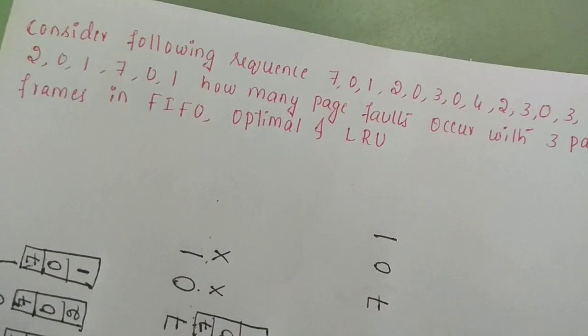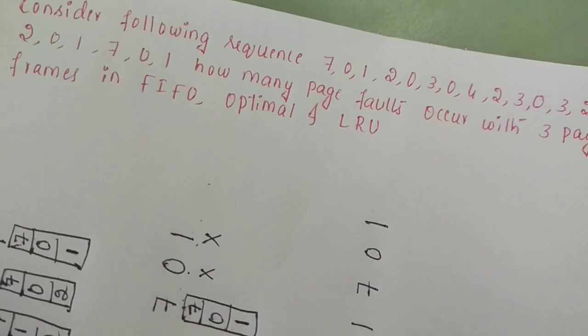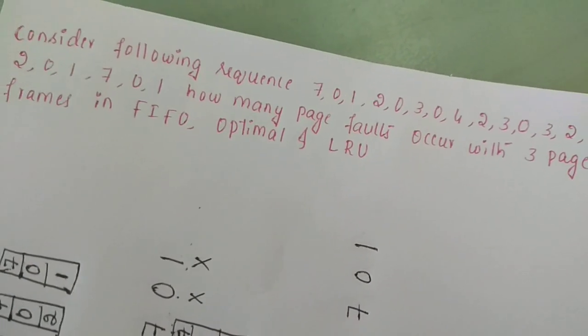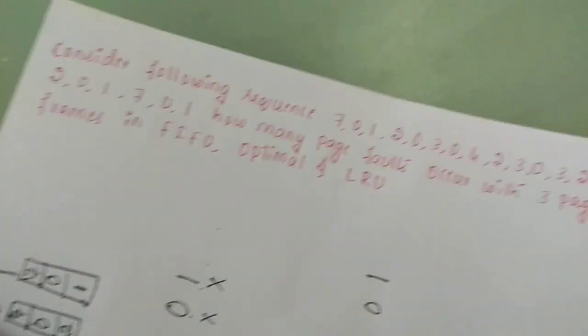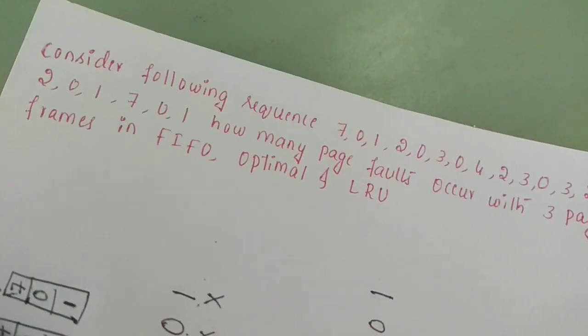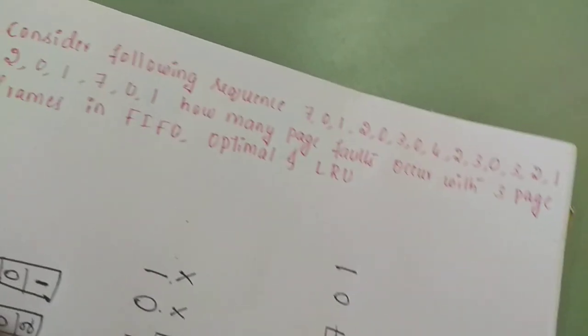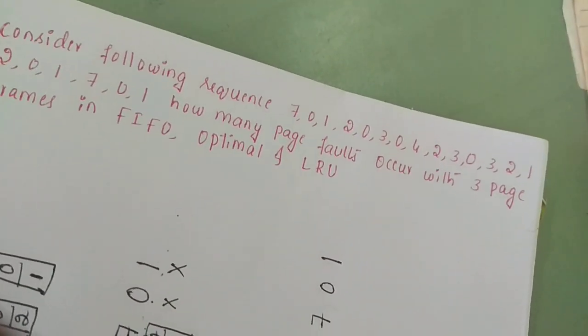LRU means we are going to follow a completely different method from optimal. In optimal we were using forward searching. In LRU we are going to use backward searching. That is the least recently used algorithm.